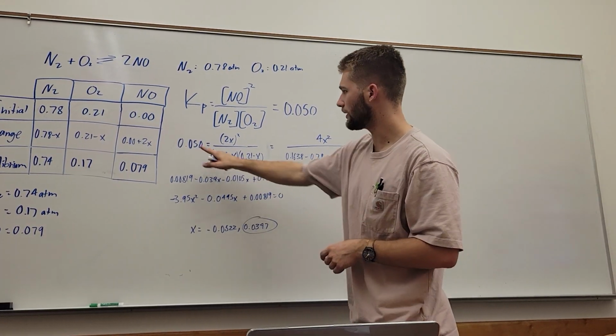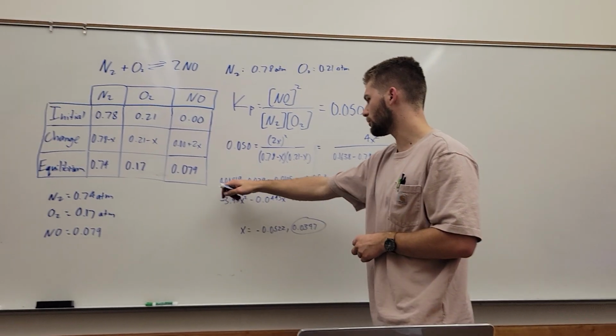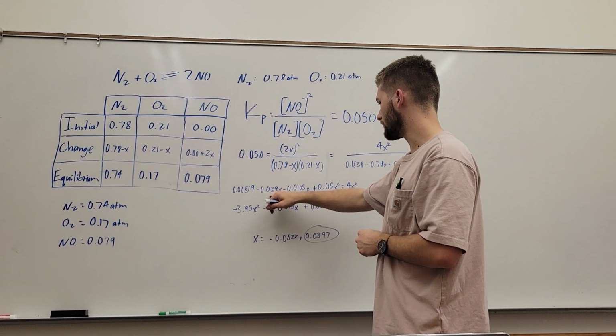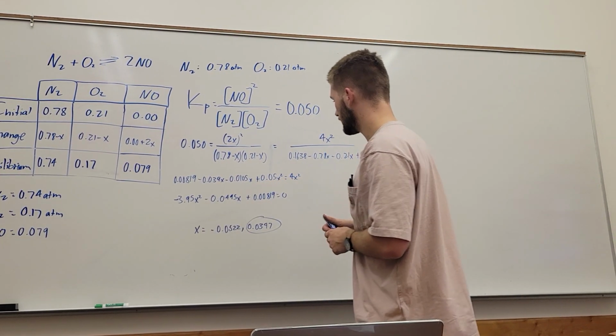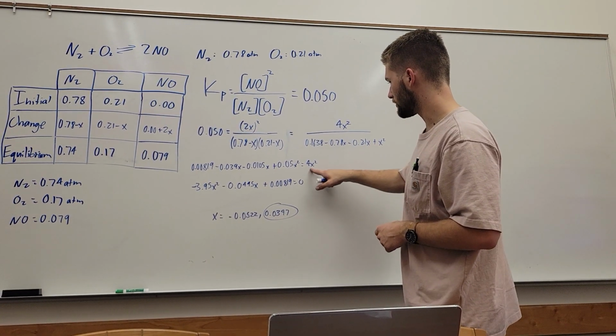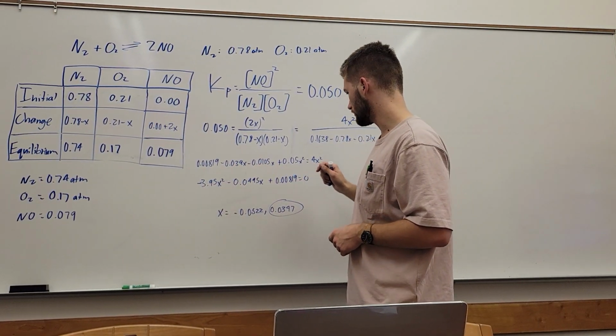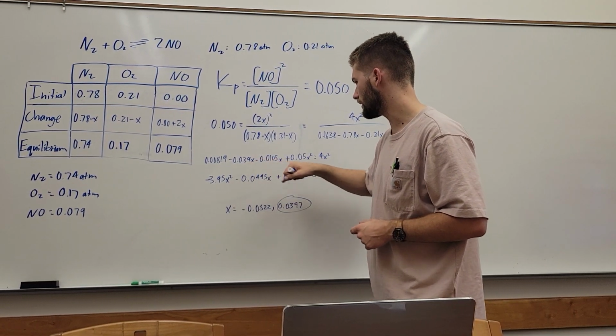And multiplying this by this side, 0.00819 minus 0.039x minus 0.0105x plus 0.05x squared equals 4x squared. Now we'll subtract off the 4x squared, and also we can sum these.